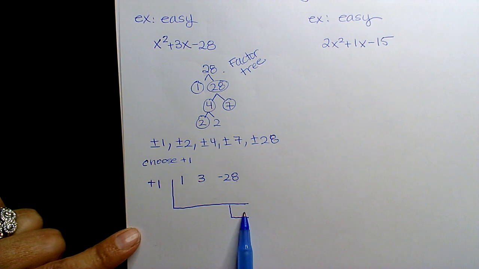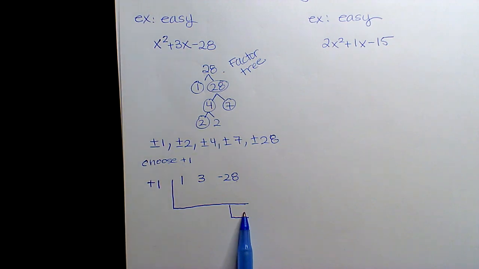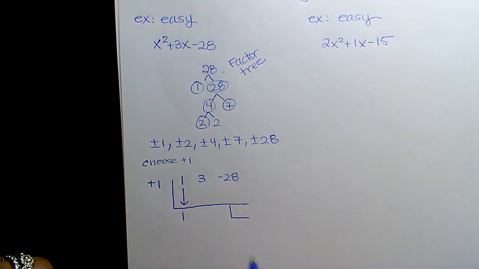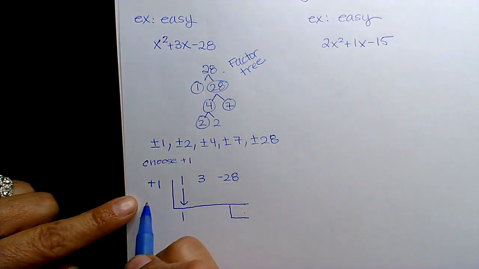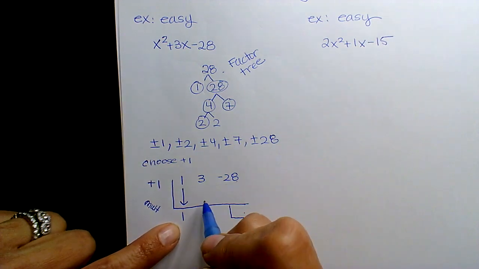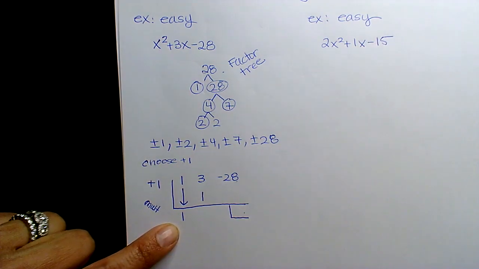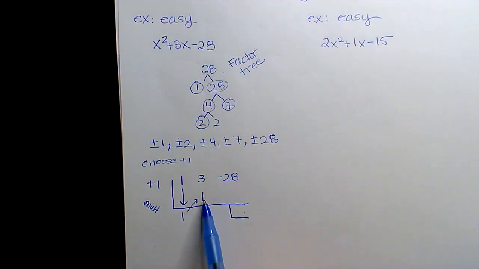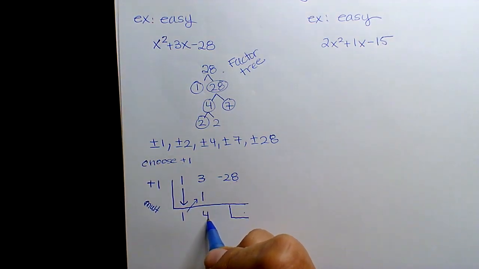If this remainder is 0, awesome, you found a factor. If the remainder is not 0, it's a fail. You have to go back to this list and find another value. So here's what you do. You bring the first number down, so this 1 comes down, that leading coefficient. Now you multiply. What is 1 times 1? 1, and you put that there. Now what's 3 plus 1? 4.